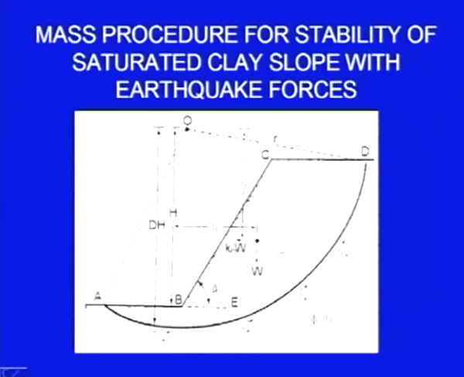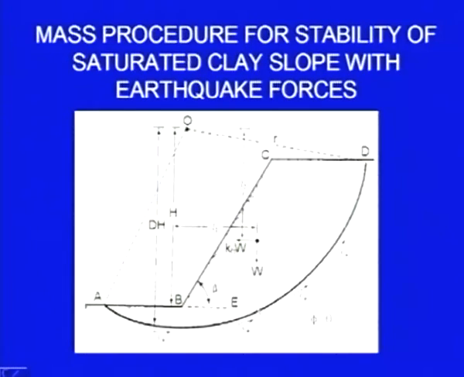So, you can find out now the factor of safety by considering all these forces. We have to consider the moment about point O. About point O, this cylinder is trying to rotate. Resisting forces will be available from the cohesion which is acting along the periphery of the cylinder.